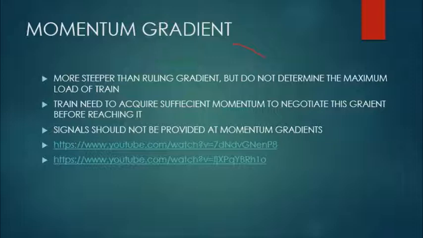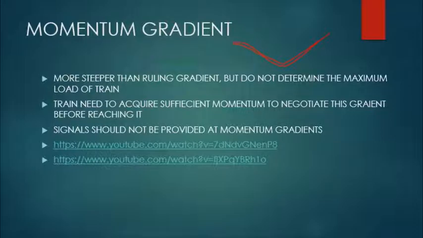This will be a falling gradient and this will be a rising gradient. When a train moves through this falling gradient, it will acquire sufficient momentum to climb up this rising gradient. So this acquired momentum gives additional kinetic energy to the moving train, which would enable the train to overcome a steeper rising gradient than the rolling gradient for a certain length of the track.